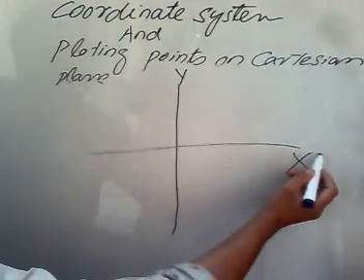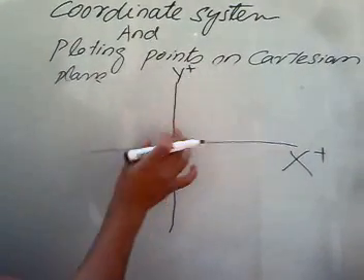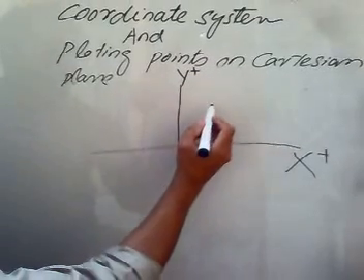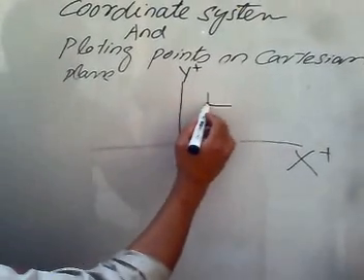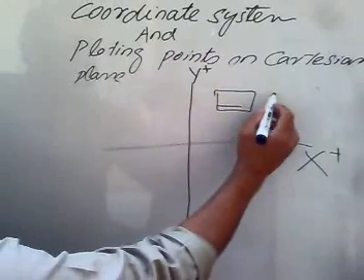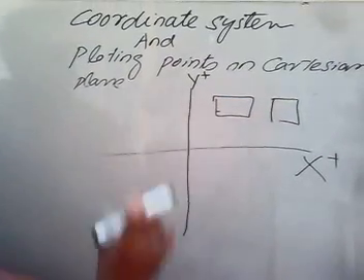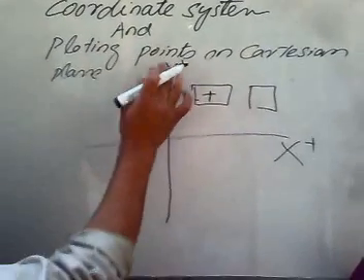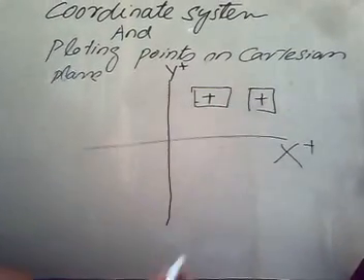Here x is positive and y is positive. So in the first quadrant, first we will write the sign of x and then the sign of y. So the sign of x over here is positive, and y is positive.